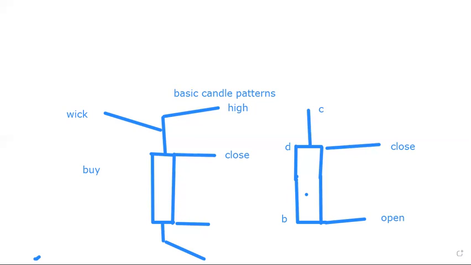We have the evening star. You know, when you have morning, you have to have evening. You have the tweezer bottom and tweezer top. Those ones you have other patterns. Tweezers, yes. Tweezer bottom and tweezer tops.